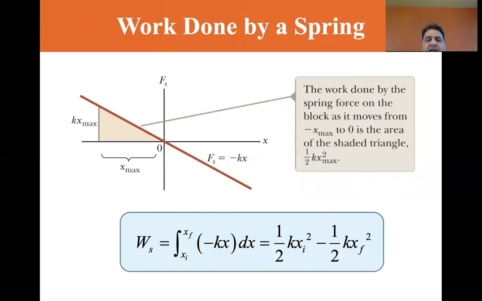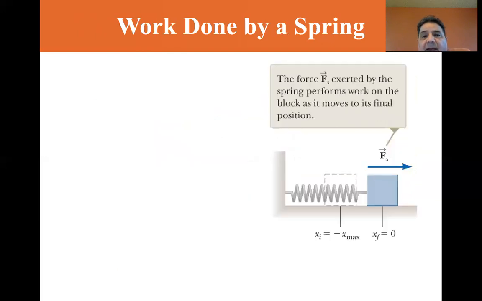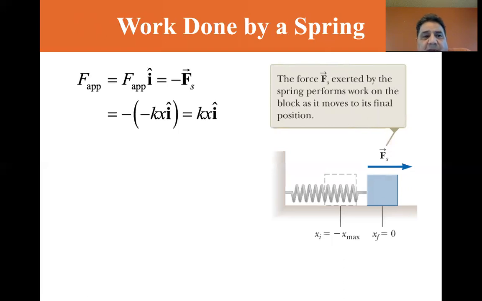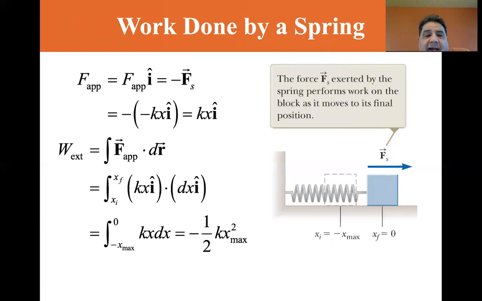And we go through this again, the work, the integral from x initial to x final of minus kx dx, is equal to 1/2 kx initial squared minus 1/2 kx final squared. Okay, the force exerted by the spring performs work on the block as it moves to its final position. So the applied force is F applied i equals minus Fs, the spring force, which is minus kx i, so it's just kx i.